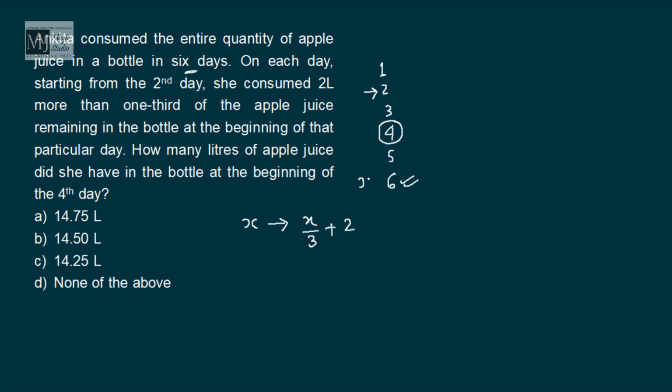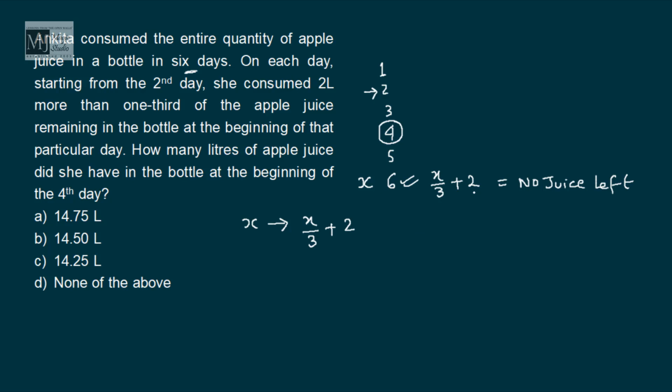Suppose at the beginning of the sixth day, there was X liters of juice available in the bottle. She consumed one third of that and 2 more liters. And due to this, now there is no juice left in the bottle.